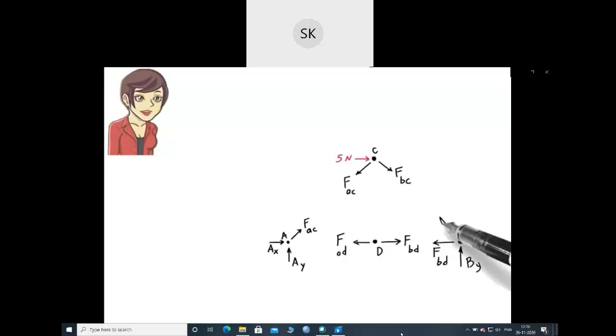Now, if I replace FCD in the joint free body diagrams with 0, and scan the diagrams again, I notice joint C now has only 2 unknowns. Then I should be able to solve for them using equations 5 and 6.